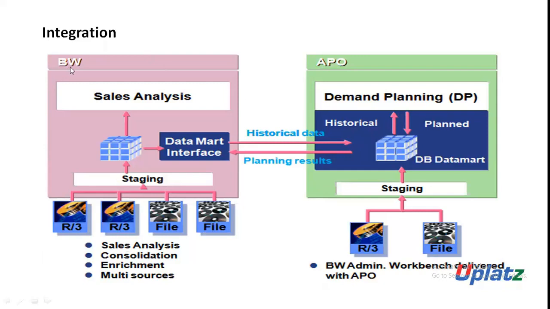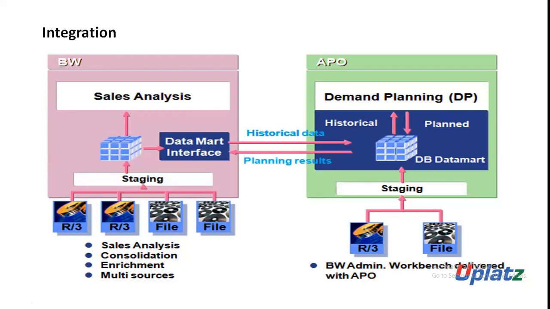Here, BW is one system. It has connections with external systems, different R3 systems. Not only a single one, it is interlinked with different R3 systems and different files. And here the data is going to be stored as info cubes.